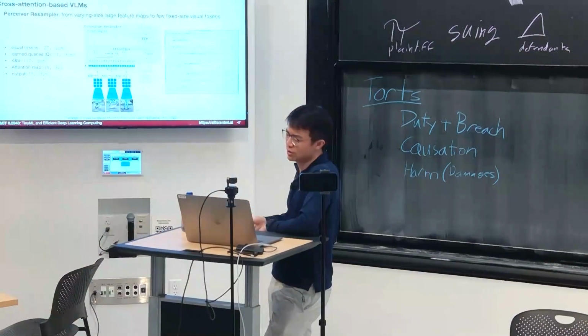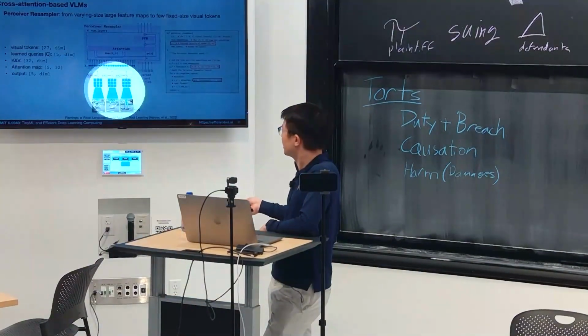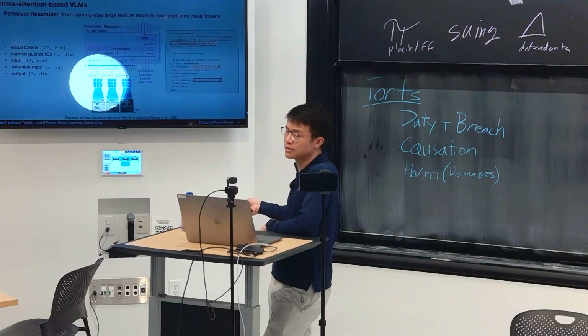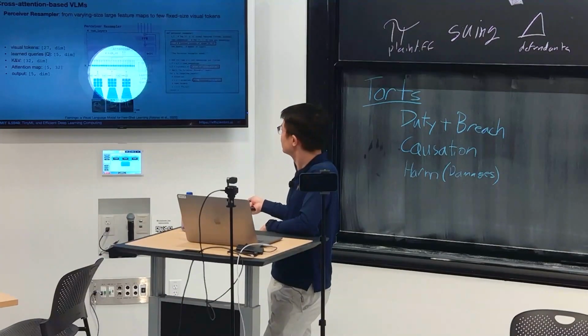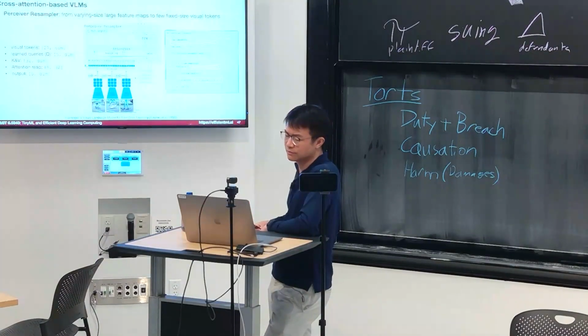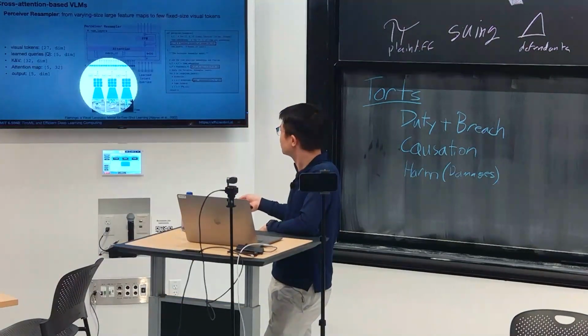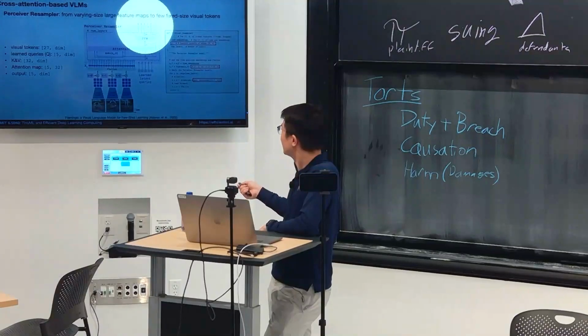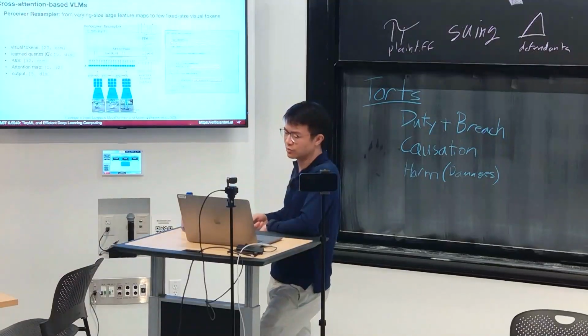But this shows we can treat different resolutions, different numbers of tokens, different lengths of video into the same fixed size input after the perceiver resampler. No matter how many frames and tokens you have here, you get a constant number of outputs.